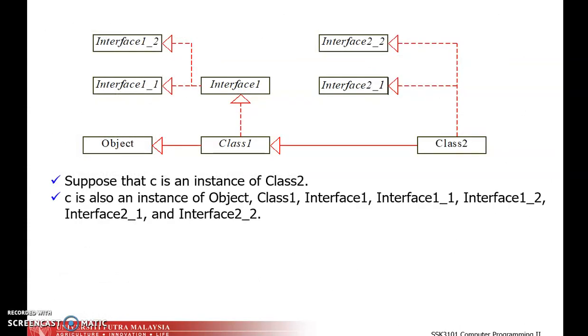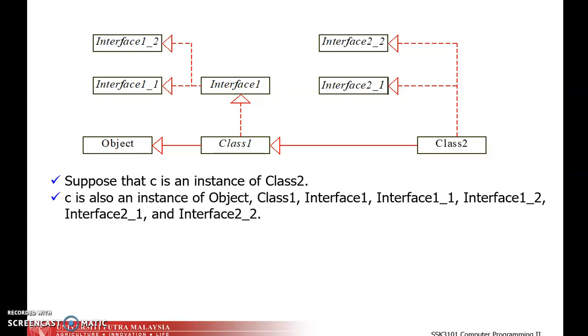The following diagram shows the relationship between classes and interfaces, which are defined with inheritance association. If you can still remember the small triangle shape in red color, that is the inheritance association. In this case, say we define an object or instance called C that belongs to class 2.